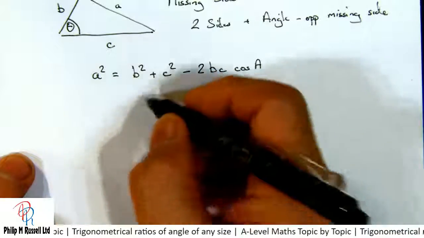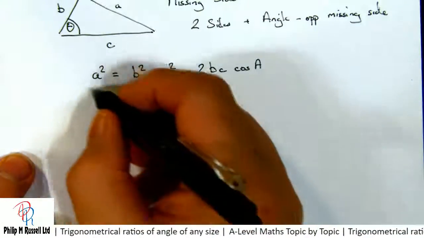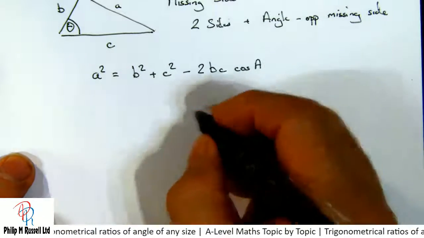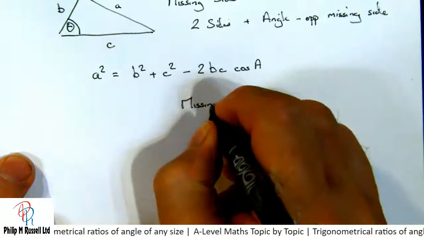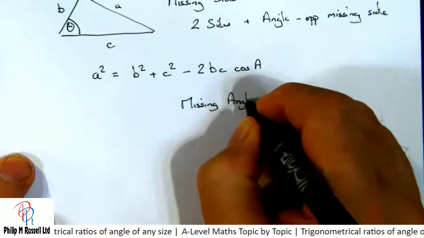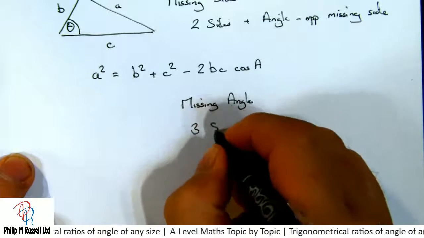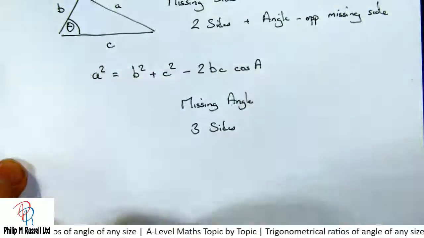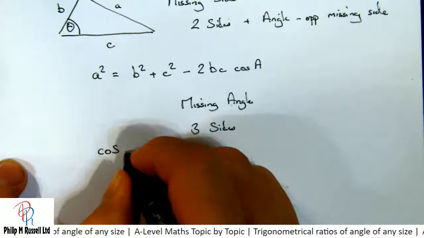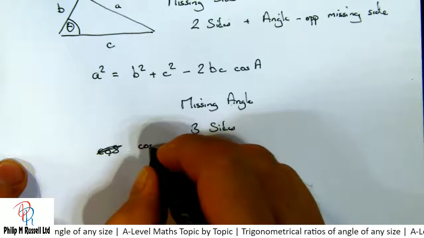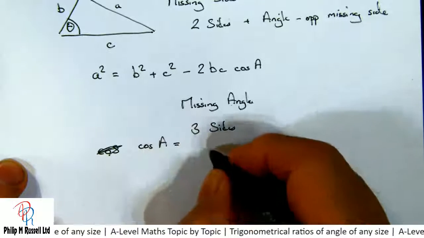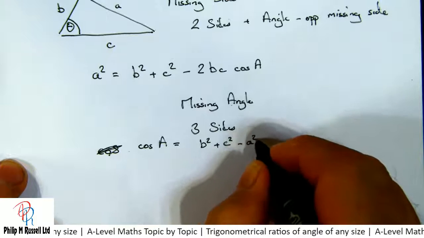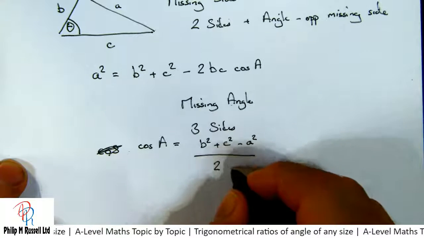If you want to use the formula to find the missing angle this time, then what we need to have is three sides. And then we can rearrange that formula to say that cos of A equals b squared plus c squared minus a squared all over 2bc.